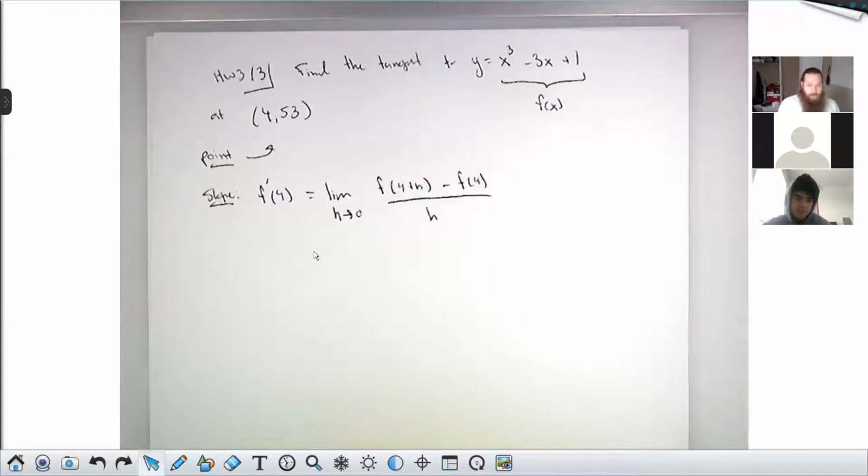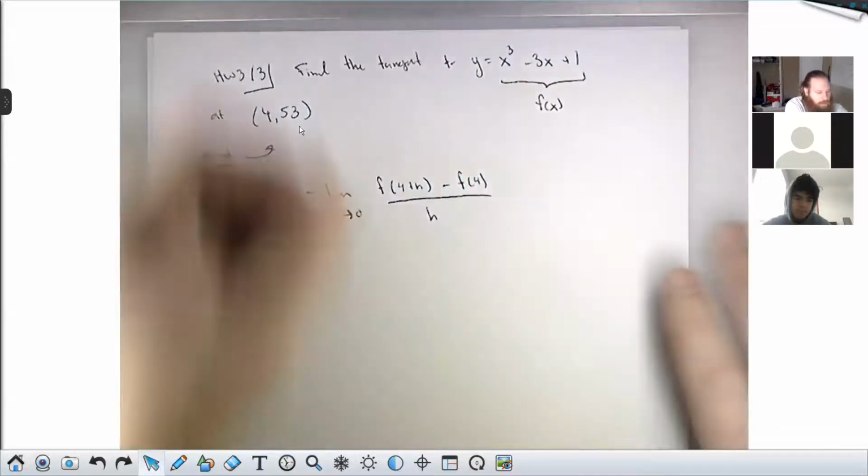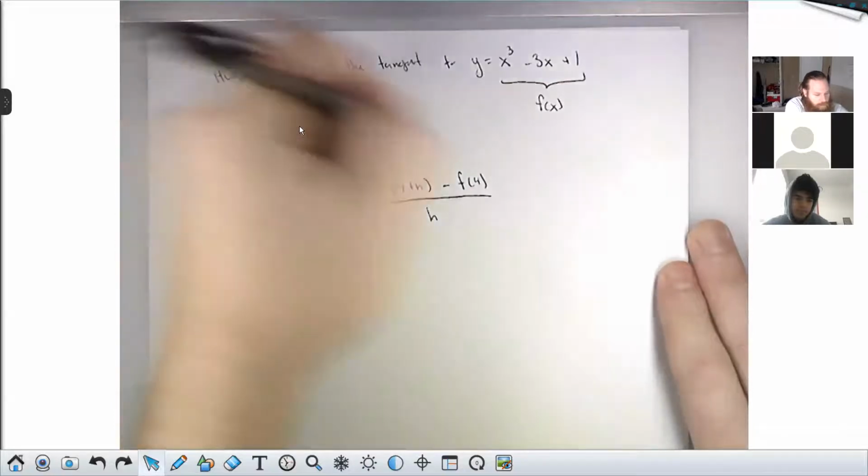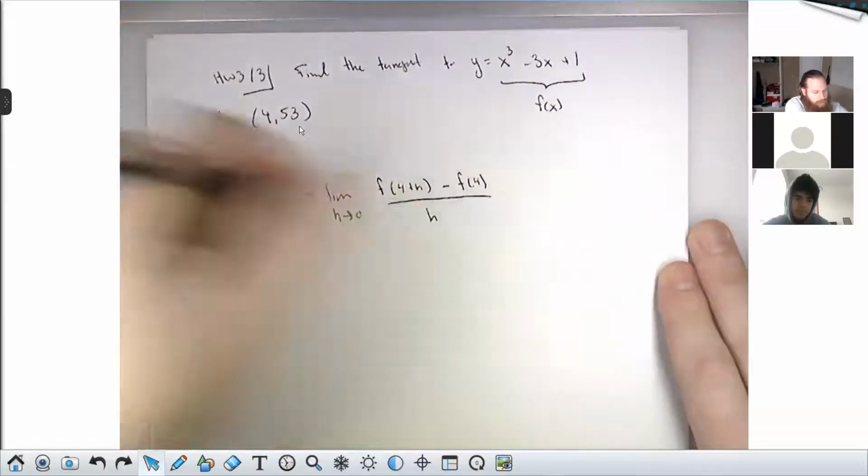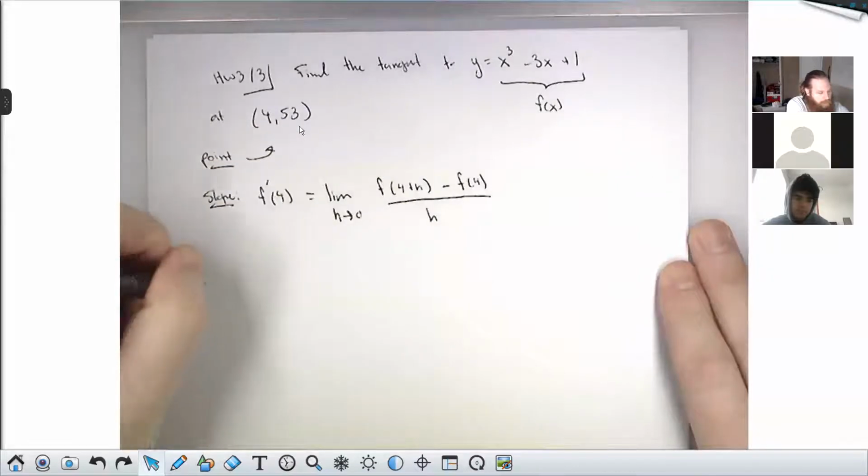So we do need to figure out f of 4, and we will need to write down f of 4 plus h in terms of this expression here. F of 4 is 53, right? The point of tangency here, you know this is the point a comma f of a. So we know that f of 4 is 53. And then f of 4 plus h, that's going to be a little bit complicated, but we'll write it down and then we'll deal with it.